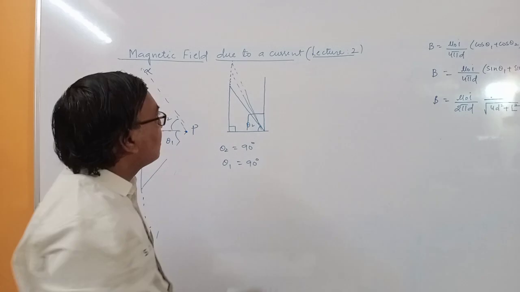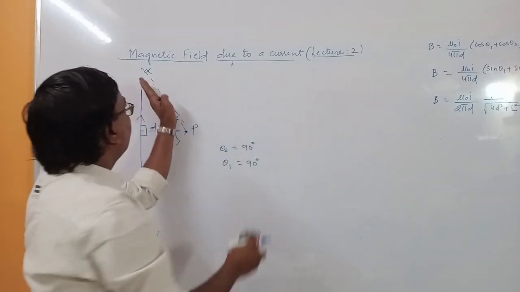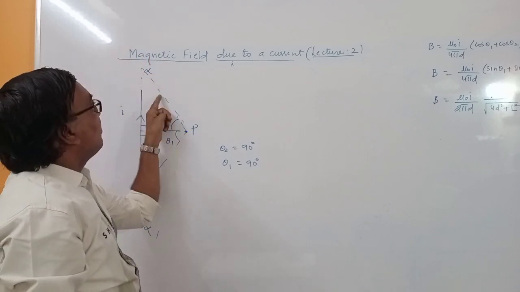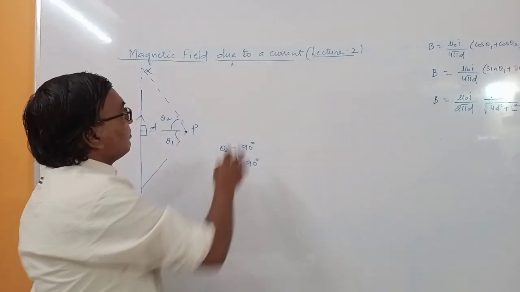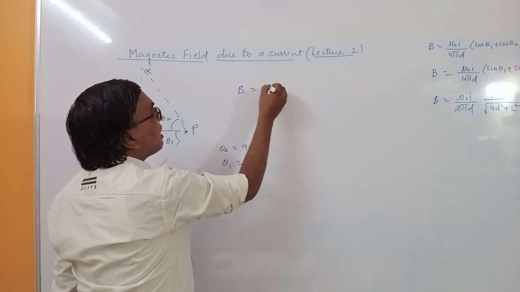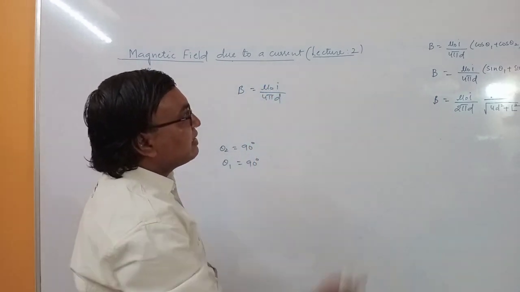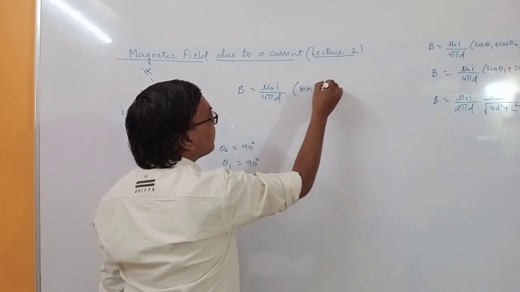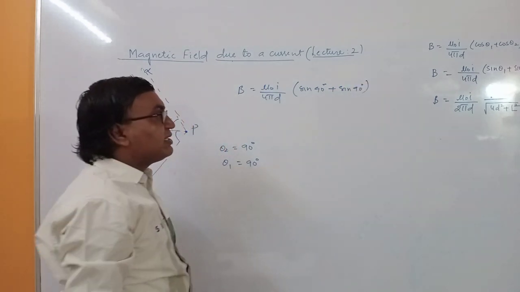Then if you use the formula, this line is going to infinity. So to meet this line will become like this. So then B will be equal to mu naught I by 4 pi d. आसान है. Sin theta 1 plus sin theta 2. So sin 90 degrees plus sin 90 degrees. Sin 90 degrees is 1.